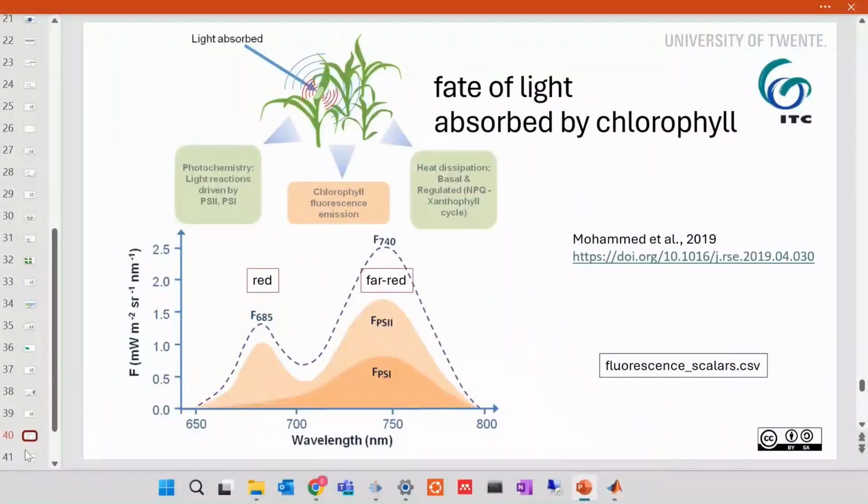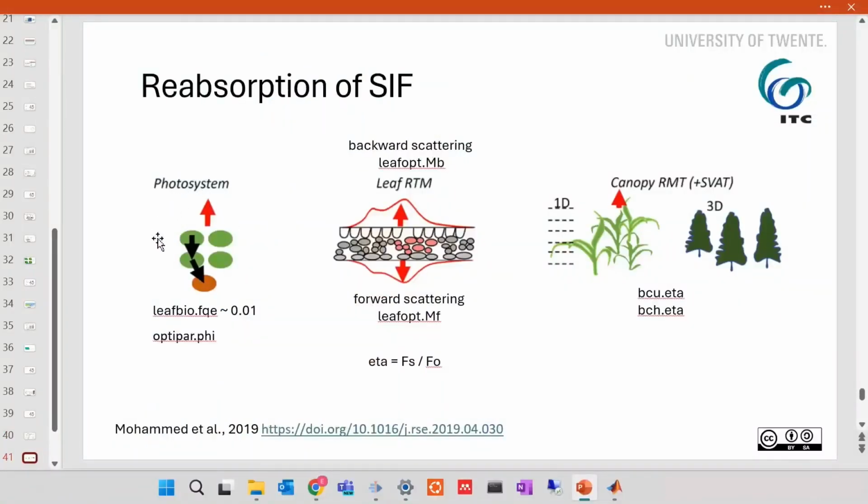Therefore, I would like to go back to the presentation and tell you that the fluorescence originates, as I said, at the photosystem level. So light strikes photosystems and some of them emit light. These photosystems are inside chloroplasts, inside leaf cells. So they are inside the leaf.